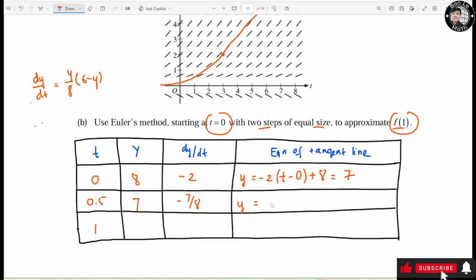So we have y equals -7 over 8 times t minus 0.5, plus 7. Substitute 1 for t over here, so we have -7 over 8 times 0.5 plus 7, right? So it could be 105 over 16. This one is the final answer.